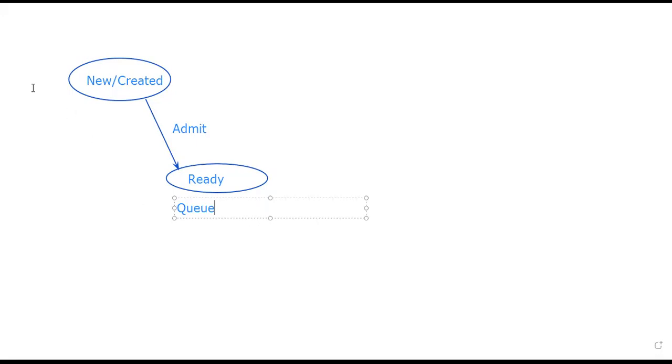So now I'm going to draw the running state here. Running state.